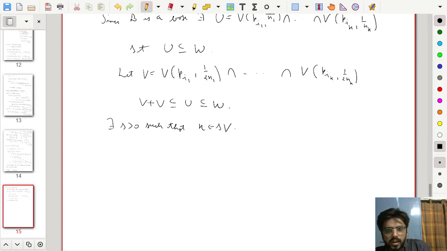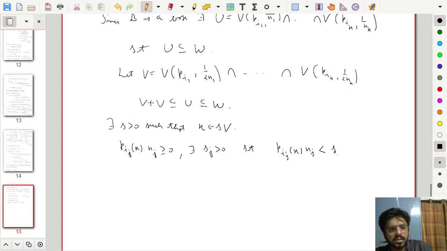So why does such an s exist? Now consider p_ij of x times n_j. This is greater than or equal to 0, so there exists some s_j positive such that p_ij of x times n_j is strictly less than s_j.